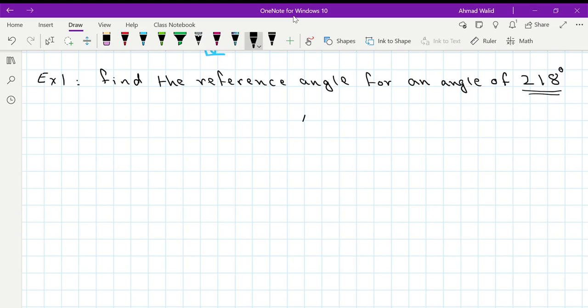First, let's see where 218 is. Correct? This is X, this is Y. This should be the initial side in a standard position. Now, from here to here, when you come here, it's 180. If you go a little bit more here, somehow, I'm not measuring, this angle is 218.